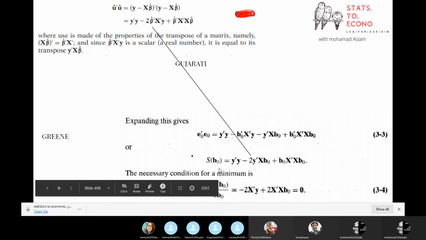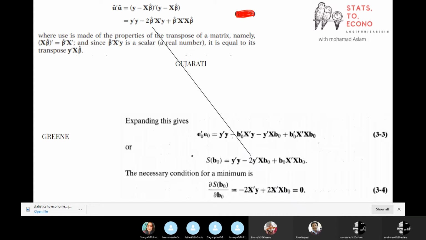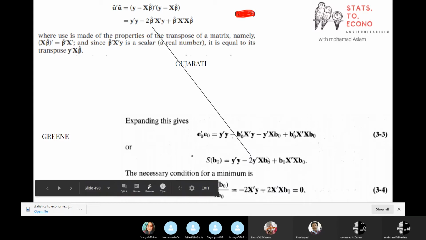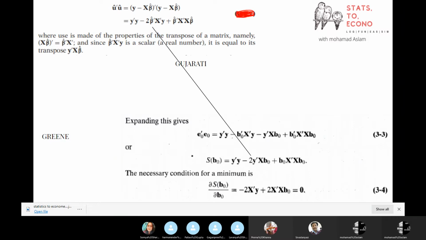But later on, while differentiating, now the second step: this is our u hat square, right? And what we need, we have to differentiate it with respect to the beta matrix. Then only we will get these beta matrix values. The same process that we did yesterday in the simultaneous equation method.